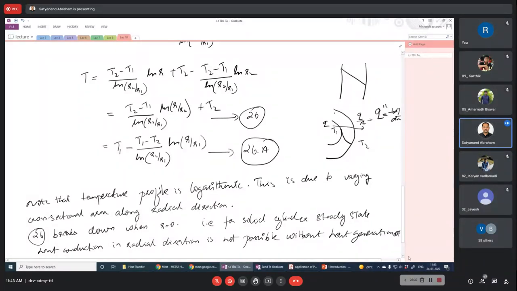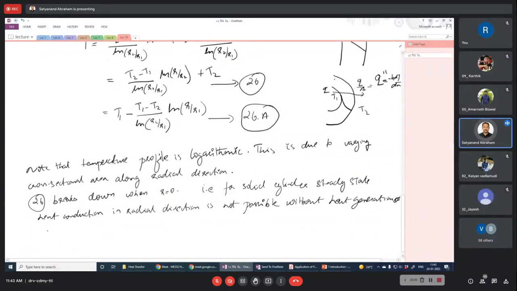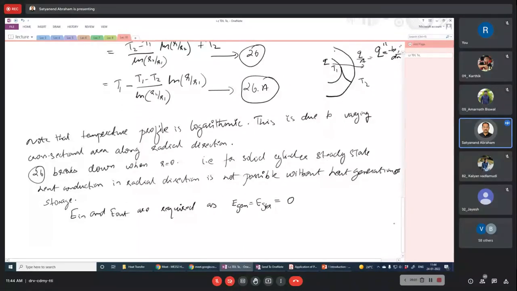Why? Because we are saying E in and E out are required as E gen is equal to E store is equal to 0. So we need to have a provision for heat in and heat out.